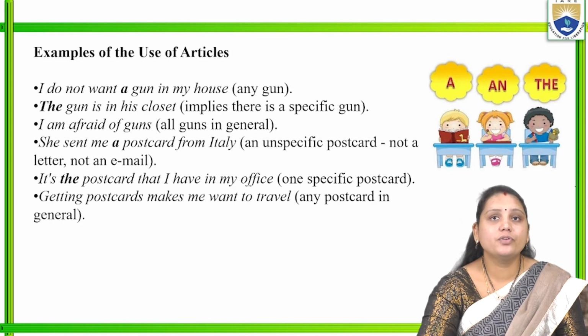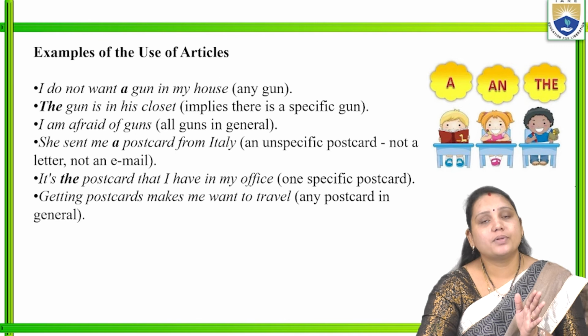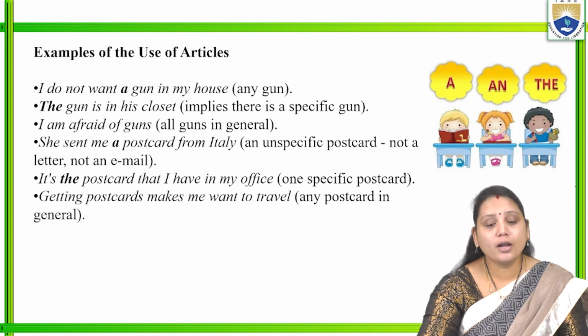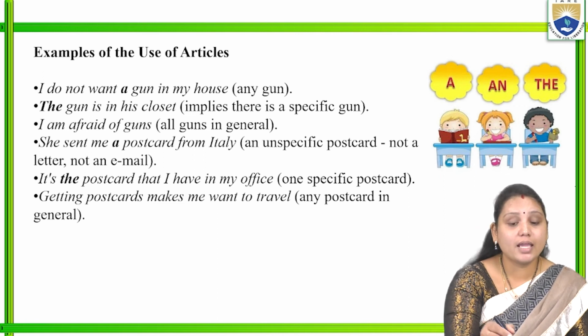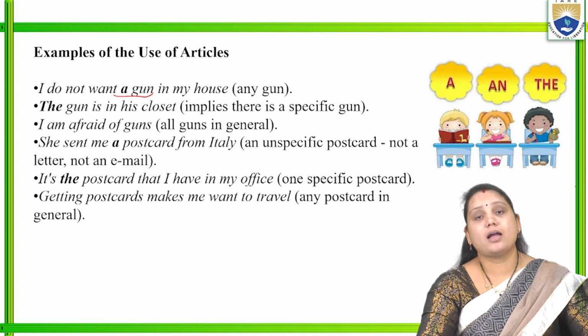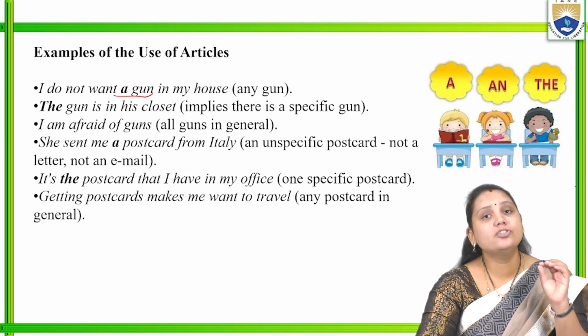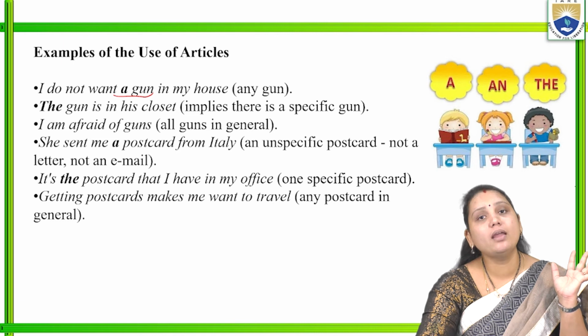Now examples of use of articles. I would like to revise all the things with some examples. Let us see them. I do not want a gun in my house. When I say a gun in my house, I mean not any gun. I don't want any gun in my house. Specifically or in general, I am saying I don't want a gun in my house.